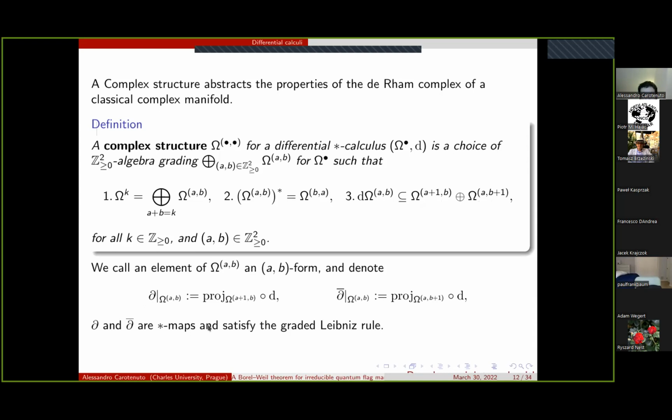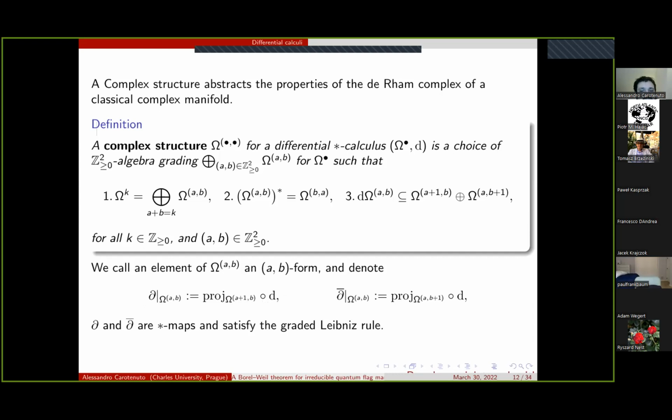And as we do in classical geometry, we call an element of omega AB an AB form. And we denote by del and del bar respectively the projection of the exterior derivative over the first component and the projection over the second component. As a matter of fact, these del and del bar are star maps. They satisfy the graded Leibniz rule.